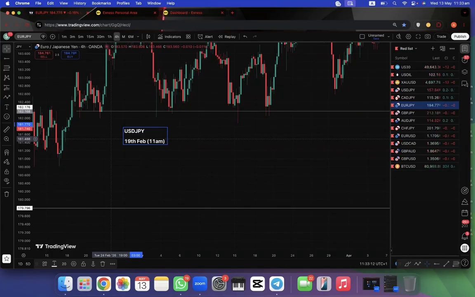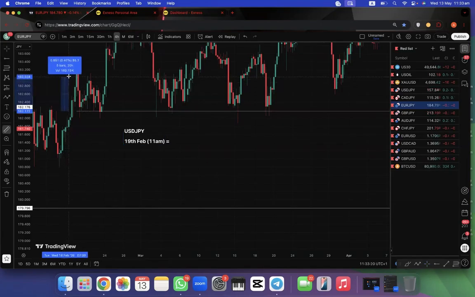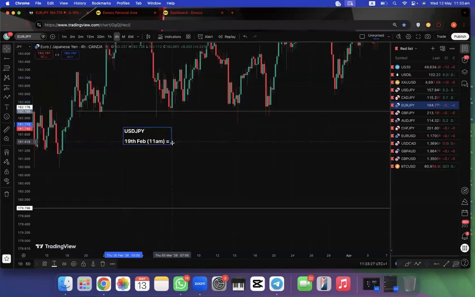Okay, the maximum it moved in direction was, I think, 85. Okay, it was 94. And the maximum it moved against before making the move was 12 pips. So what I normally put is 94, it's in pips right now, bracket 12.